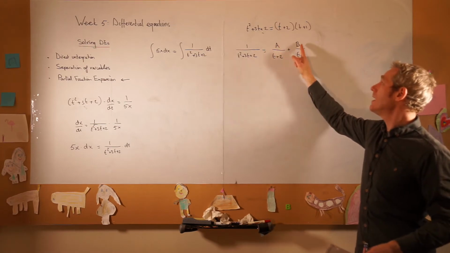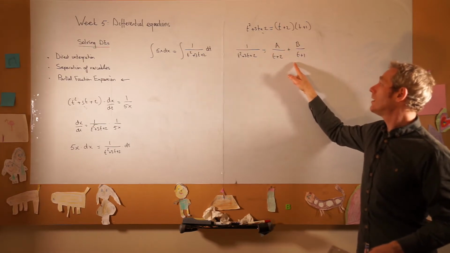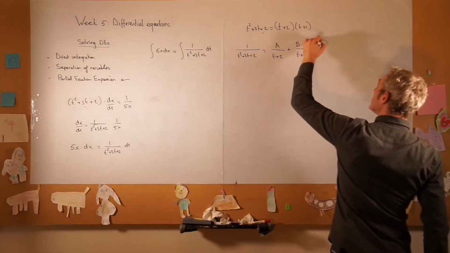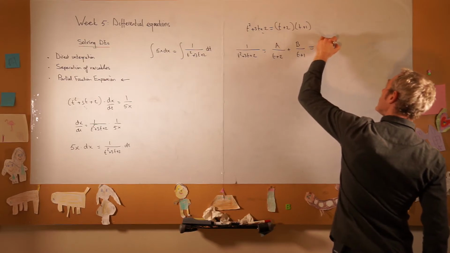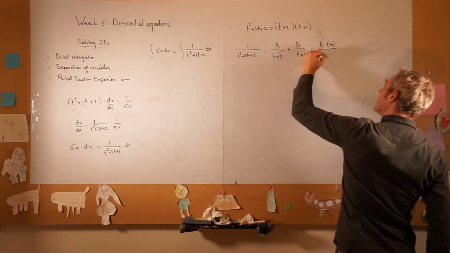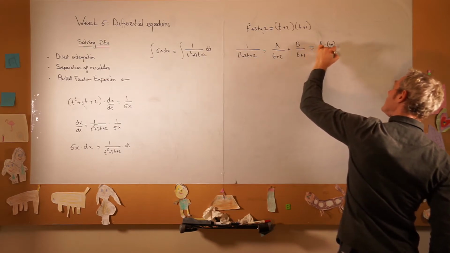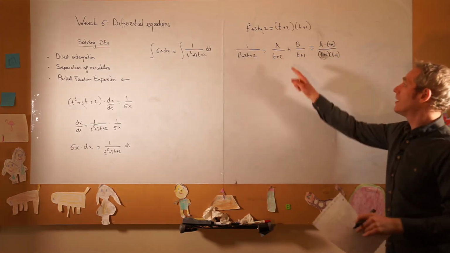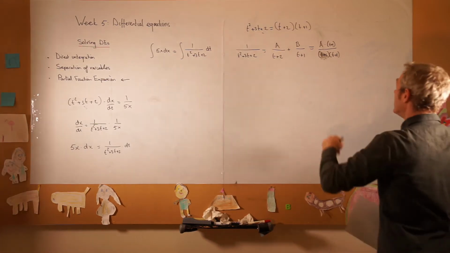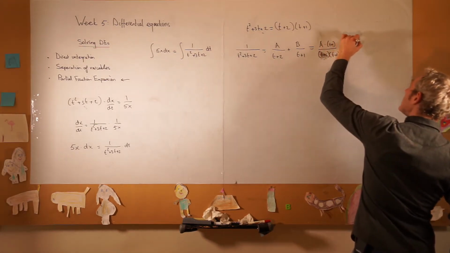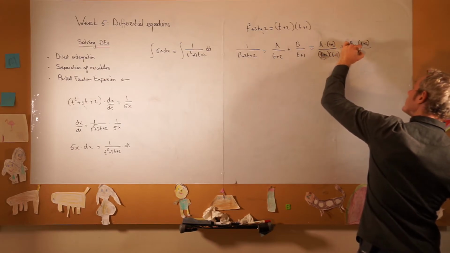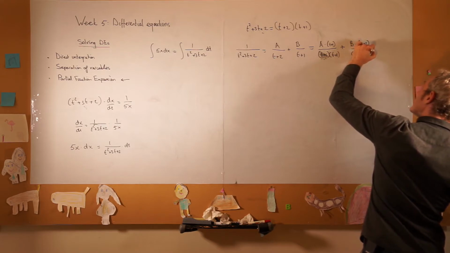Well, to find a and b, we rewrite the right-hand side to a single fraction with a common denominator. So we write this as a times t plus 1 divided by t plus 2 times t plus 1. Essentially I've multiplied this fraction by t plus 1 over t plus 1, which is equal to 1, plus b times t plus 2 over t plus 1 times t plus 2.